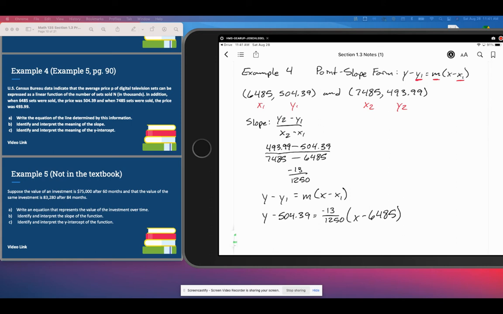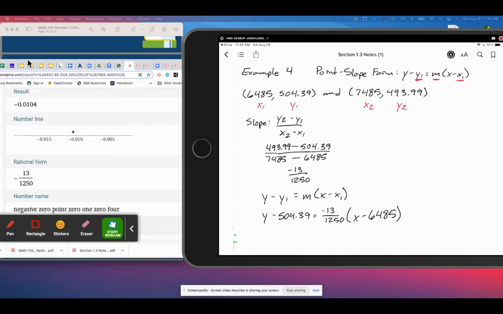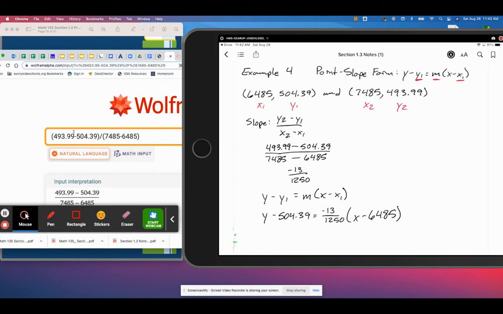We are going to be asked further, though, to identify and interpret the meaning of the slope and to identify and interpret the meaning of the y-intercept. So we're going to go ahead and bring Wolfram back on the scene, because the way that I like to do this is I like to always deal with slope-intercept form.